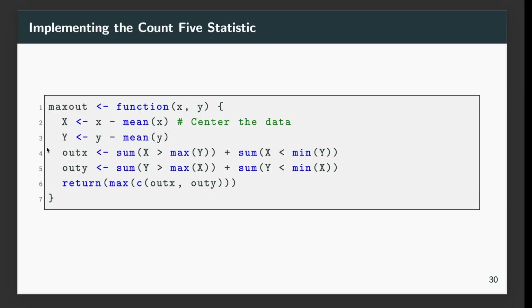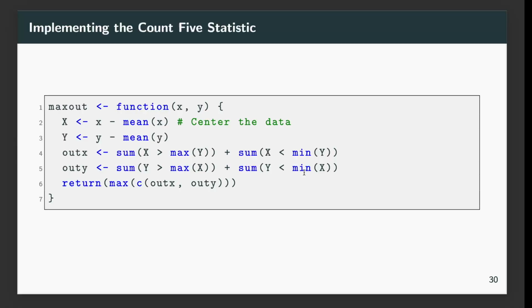Then we have the two lines of outx and outy. In outx, it counts how many observations in x fall above the maximum of y or below the minimum of y. Similarly for outy. Then we return the sum of x above y, the sum of x below y, similarly the sum of y above x, and the sum of y below the minimum of x.